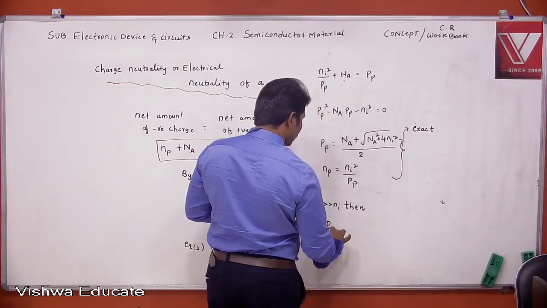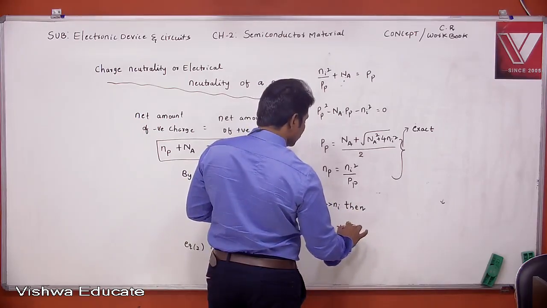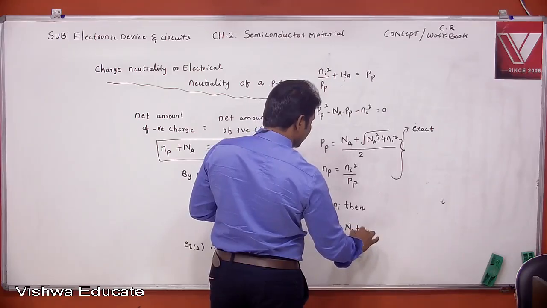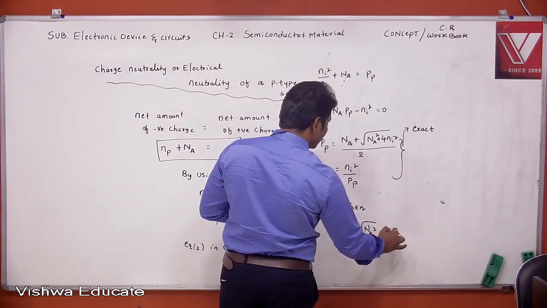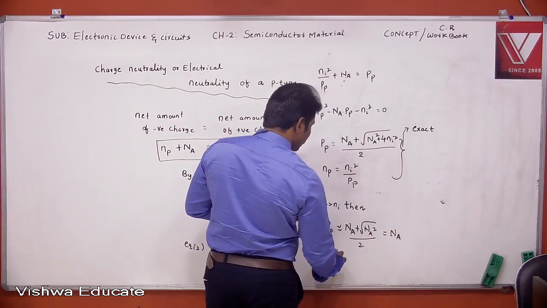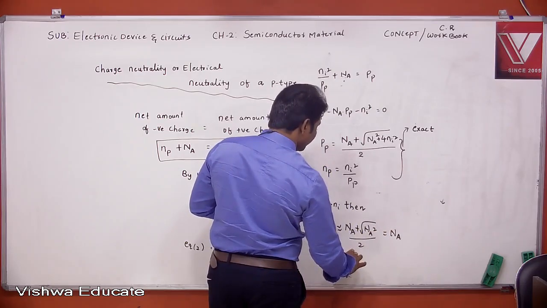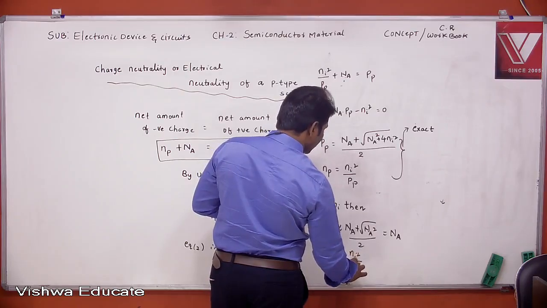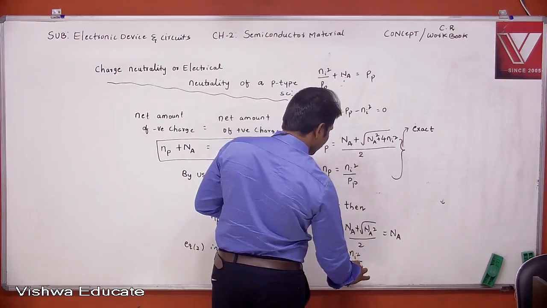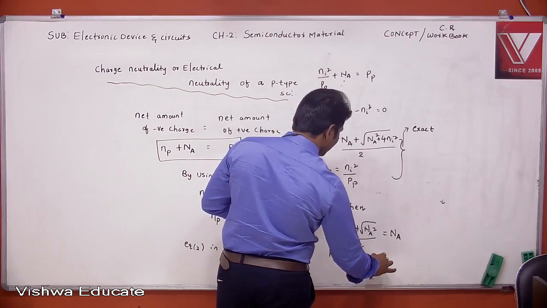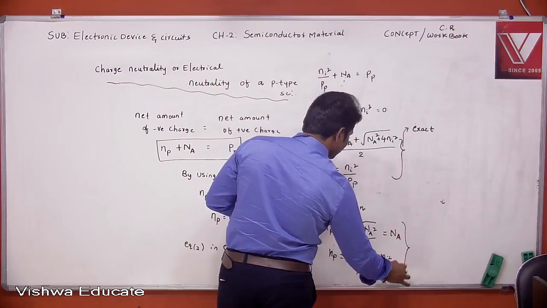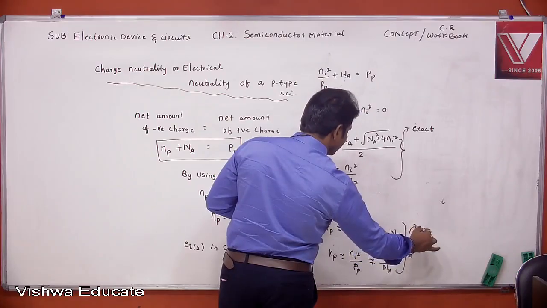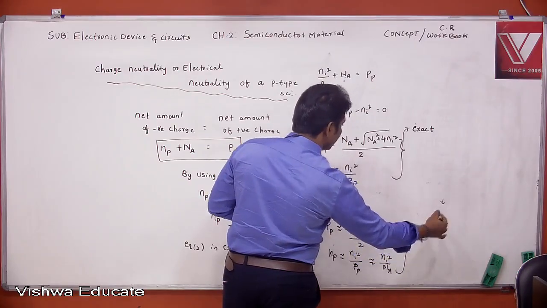Then the hole concentration is equal to Na, and the electron concentration is ni square by pp, where pp is Na. These two are the approximate equations.